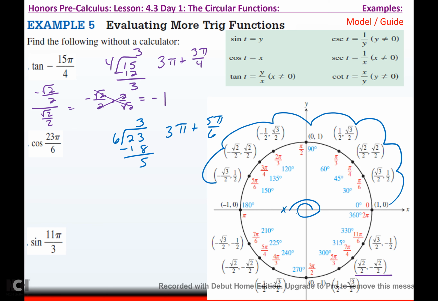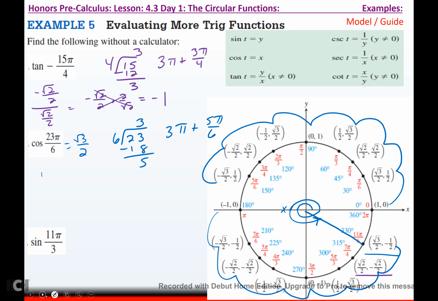So from here, 7 steps later puts me right here. Okay, so there's my 23 pi over 6, which has these x and y coordinates. And for cosine, it is the x coordinate, which is the square root of 3 over 2.